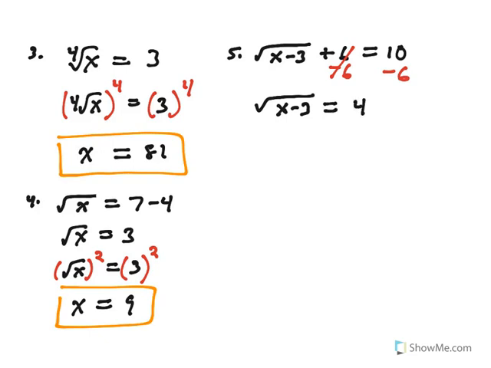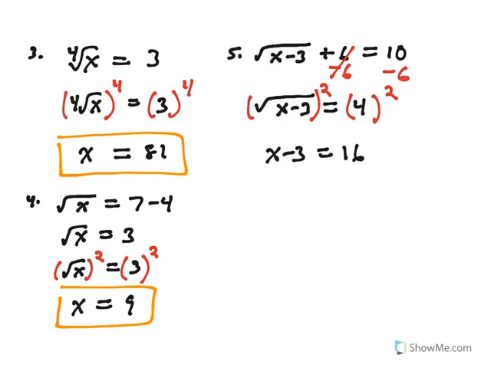And now we can square both sides to get rid of the radical. All you're going to do is write whatever's under the radical. You do not need to FOIL it or anything like that. 4 squared is 4 times 4, which is 16. And now you have a very simple algebraic equation to simplify.